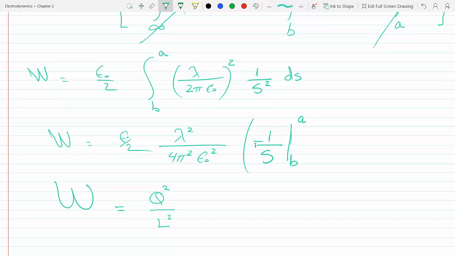And here we have epsilon over 2, because wait, no, one epsilon cancels out, and we get lambda squared, epsilon goes away, we get 8 pi squared epsilon, and this is 1 over a minus 1 over b, but we have a minus sign, so this becomes 1 over b minus 1 over a.